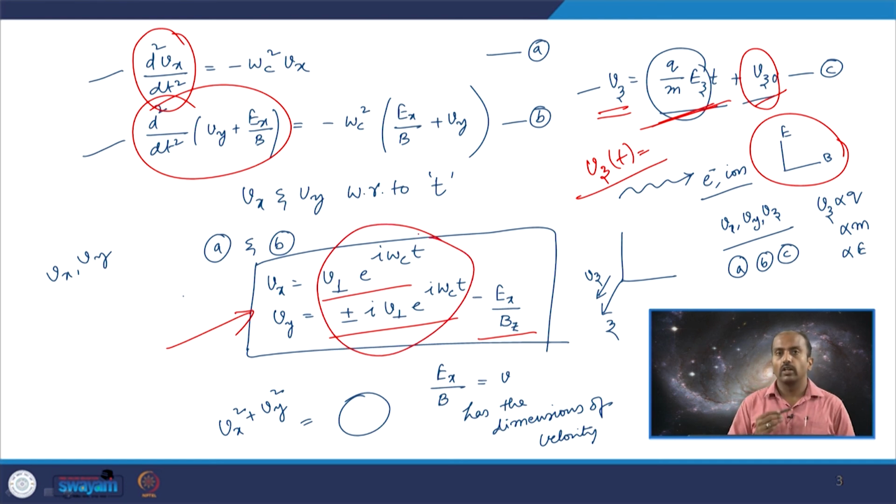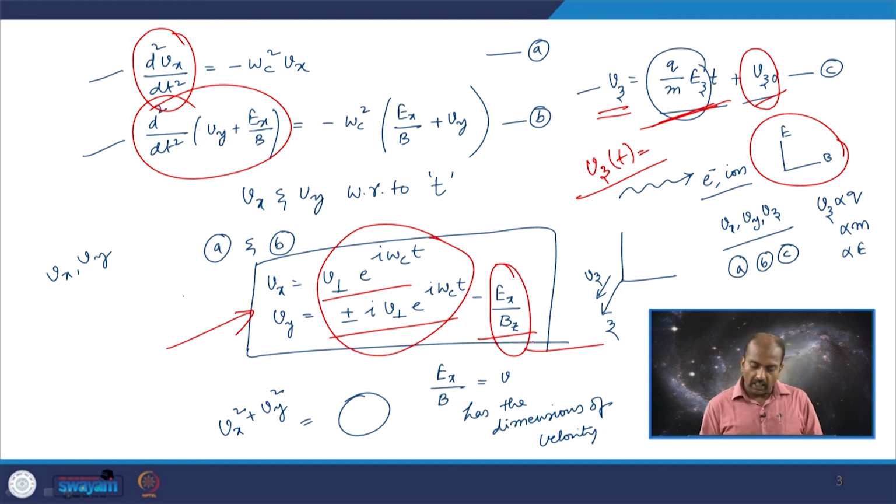That means, the circular Larmor precession of the particle is preserved. So, in addition to this, you have another term which is also velocity, by the way, right. So, E by B is still a velocity. Now, in order to obtain the explicit nature of this second term, we go back to the original equation we started from.